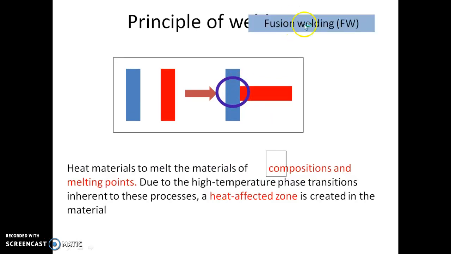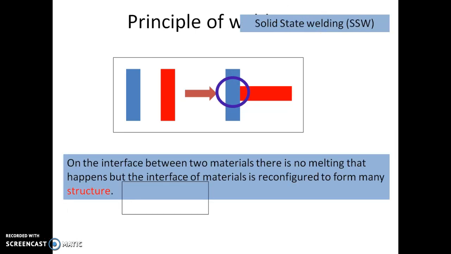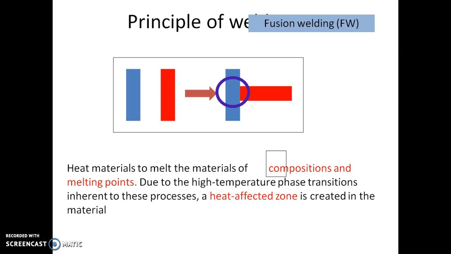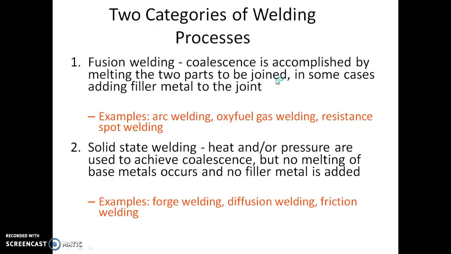In fusion welding this is the principle, whereas in solid state welding, not only is heat sufficient, but pressure is also applied to get a proper weld. Resistance welding comes under solid state welding, whereas arc welding and gas welding come under fusion welding. We'll see them in detail now. These are the basic categories.